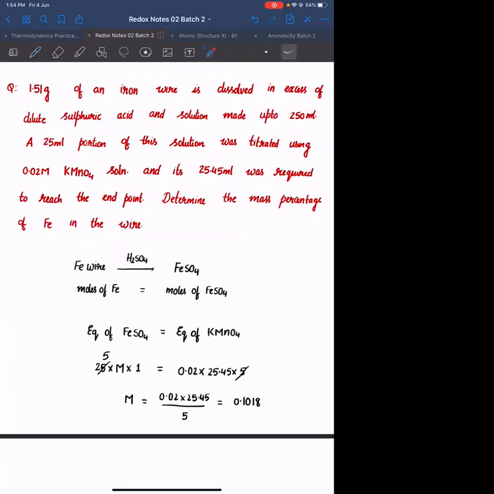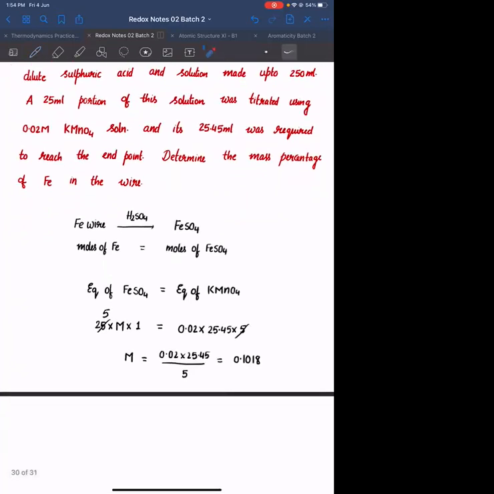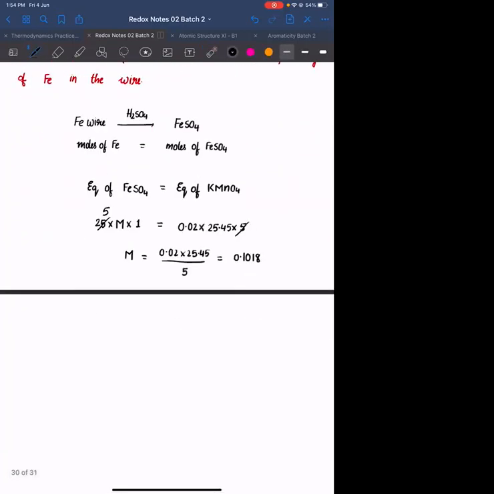Agreed? So what are the moles of FeSO4? Moles is equal to molarity upon volume in liters. So the moles of FeSO4, I am calculating in 250 ml, will be equal to molarity, which is 0.1018, divided by volume in liters, which will be 1/4.